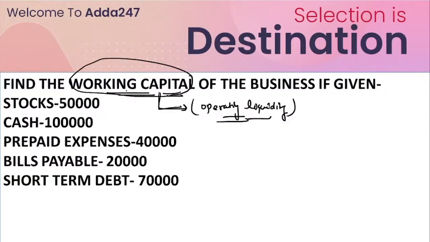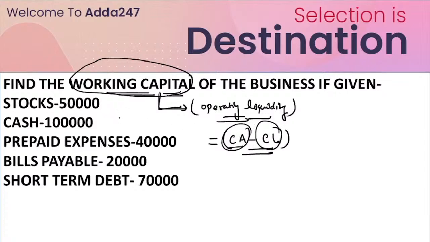In terms of calculation, working capital is equal to current assets minus current liabilities. So you have to find the current assets as well as the current liabilities from the given particulars.